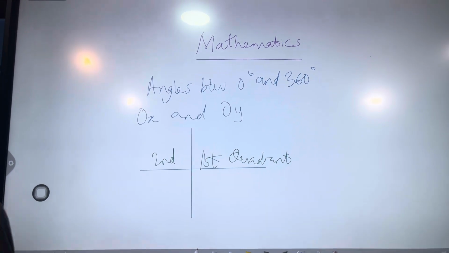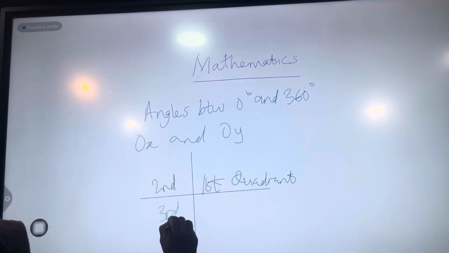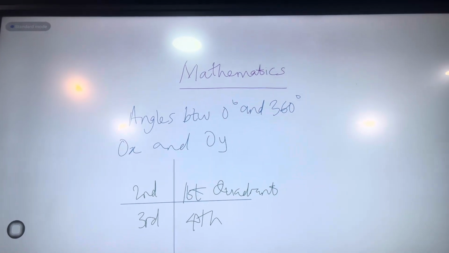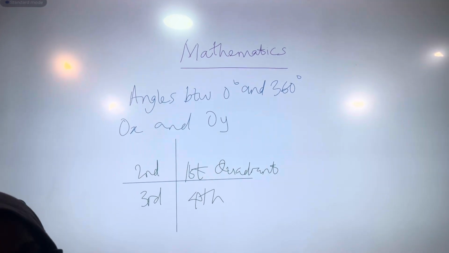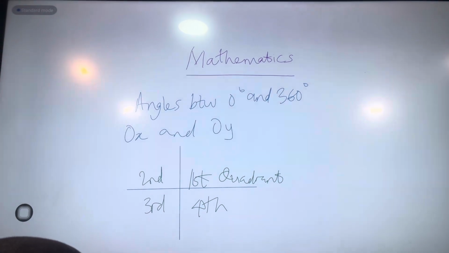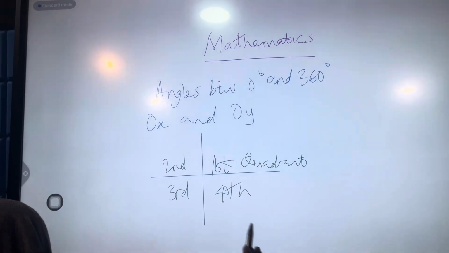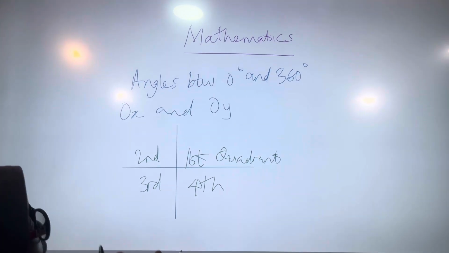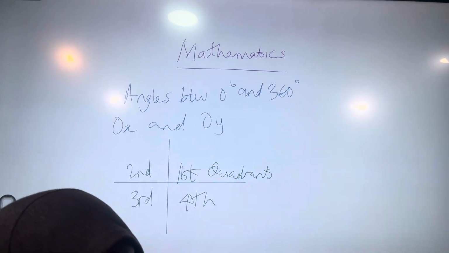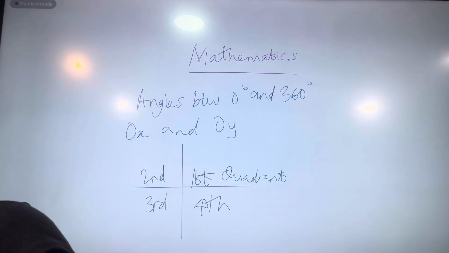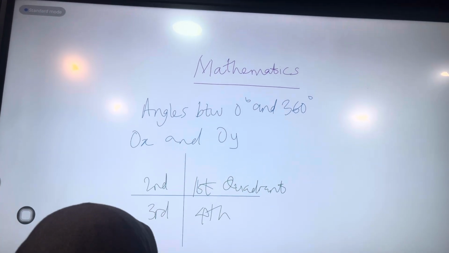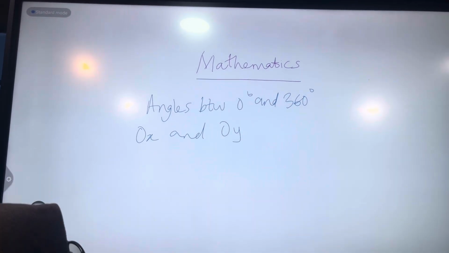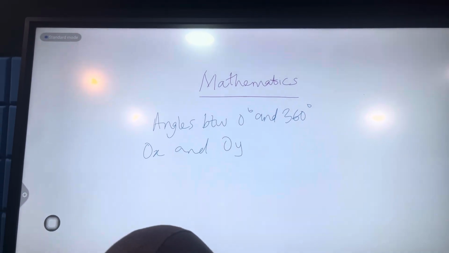We also have the third quadrant, and we also have the fourth quadrant. The angle in a quadrant could be positive or negative, depending on whether the rotation is anti-clockwise or clockwise. Having talked about this, we now want to check the angles one after the other. How do we determine the first quadrant, the second quadrant, and so on?